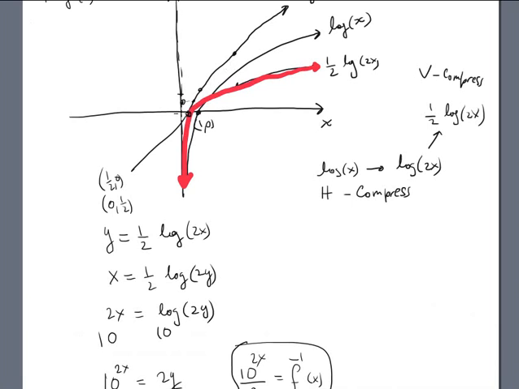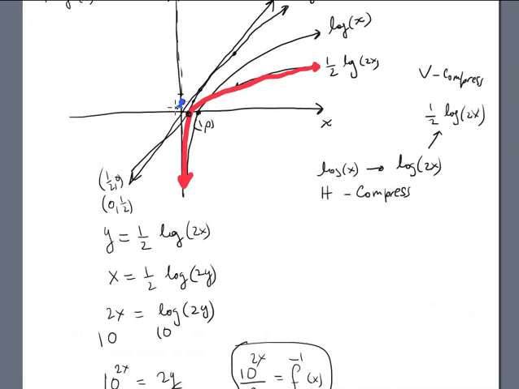This is the identity line, and the other line, using the color blue, is supposed to look like that.